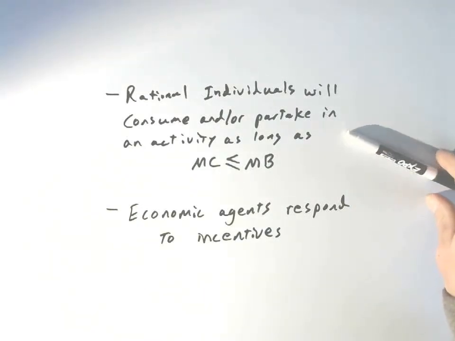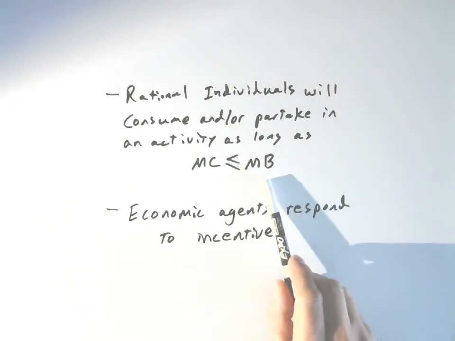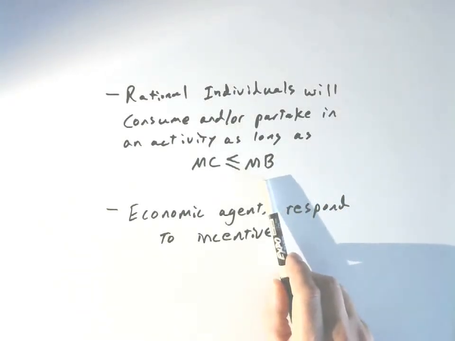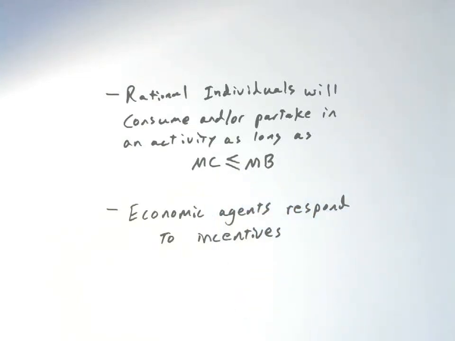The first one pertains to rational thinking, thinking on the margin in particular. Economists assume that rational individuals will consume or take on an activity as long as the marginal benefit of that activity is at least as large as the marginal cost.